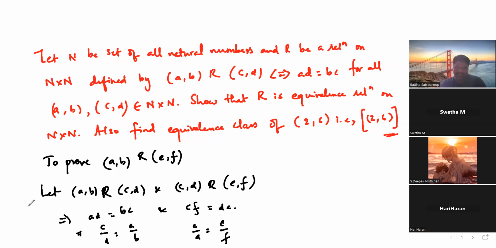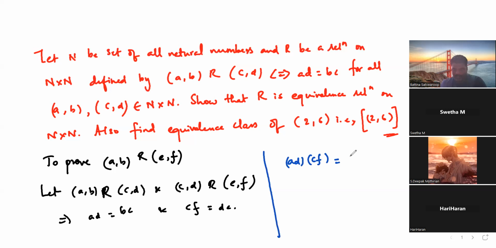Then what will I do? AD is equal to BC and CF is equal to DE, right? Now I will write in terms of the question given. Taking this as ABCD, AD into CF will be equal to BC into DE.